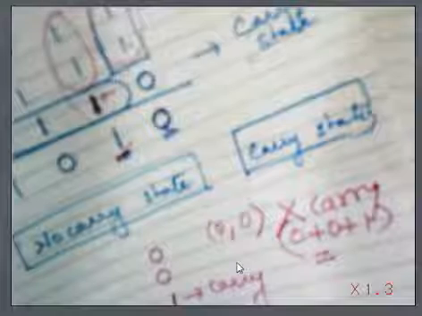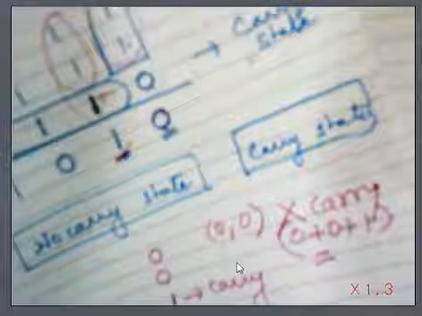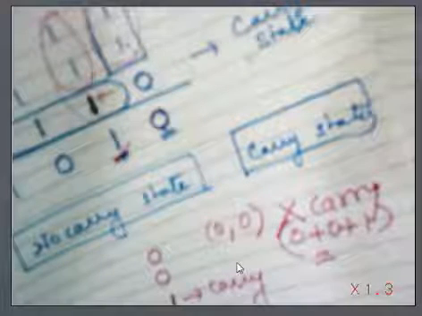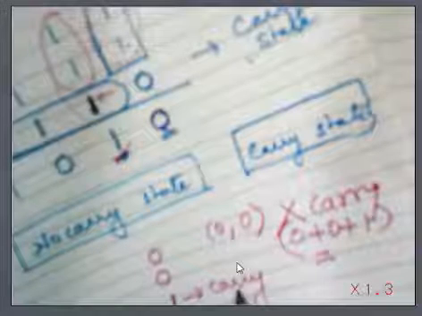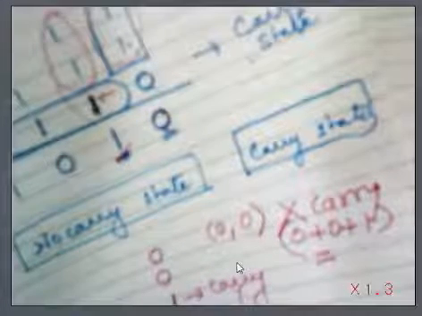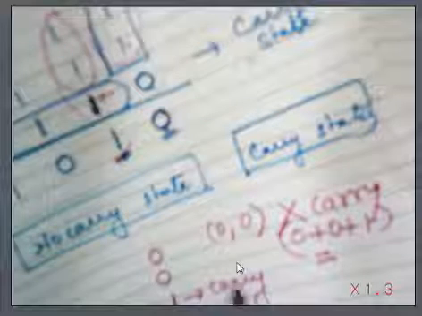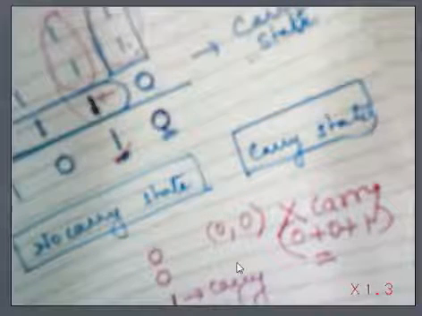No. That means if it is not generating any carry, you are moving to no carry state. When will you move from no carry to no carry state? If you are not passing any carry. Is it clear? So I am mentioning that here only. So I am writing here my current input 0, 0 and my carry state. So I will move to no carry state.